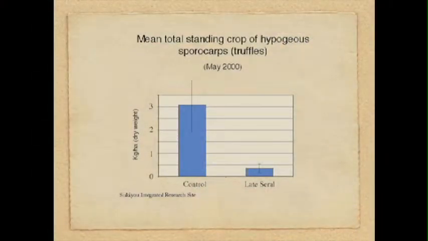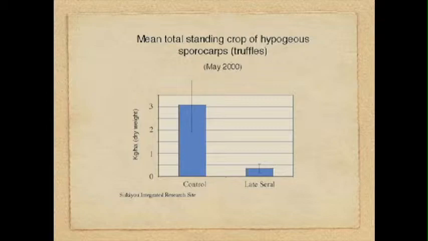So for a little bit of context, in the control here, this is a normal amount of truffle biomass production from a number of studies that we've done over in the region, 3 kilograms per hectare dry weight.